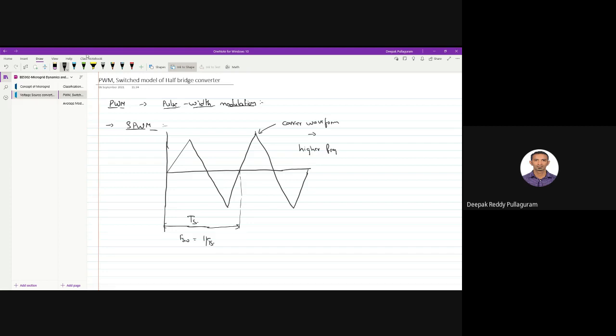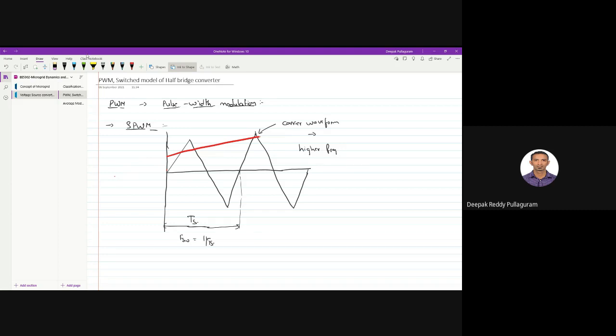So let us take a sinusoidal modulating reference. It's a part of a sine wave, not a complete sine wave. The complete sine wave may be a very big waveform here. This is the positive half, but a part will be like this, a small portion of a sine.